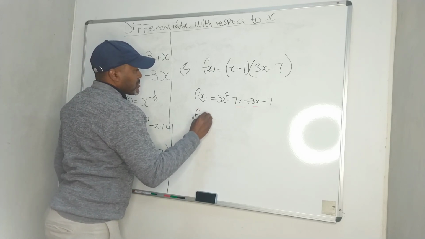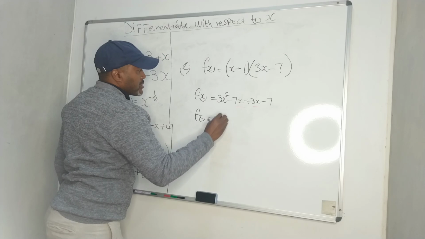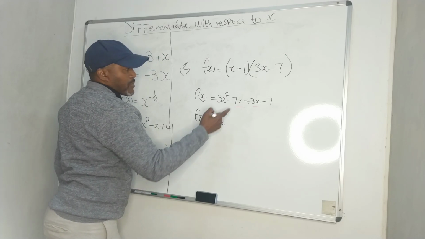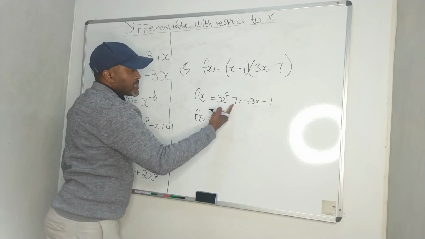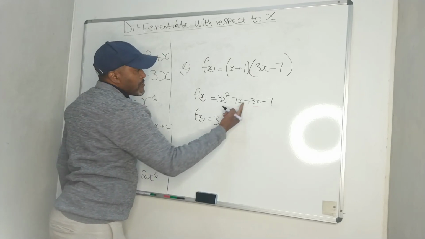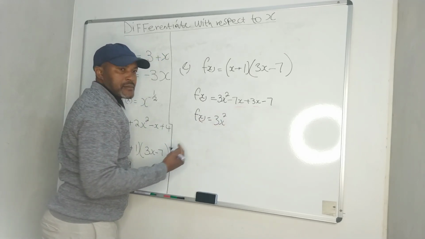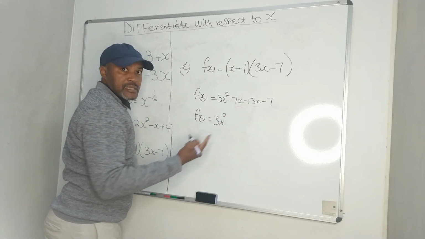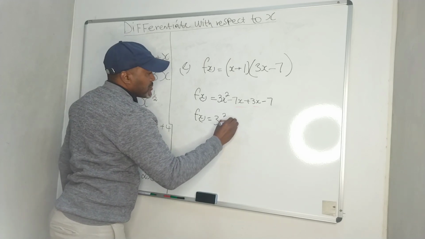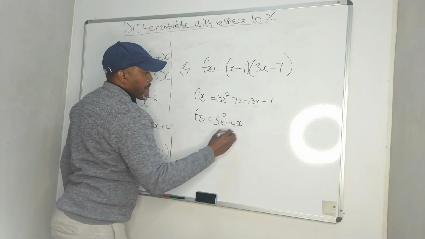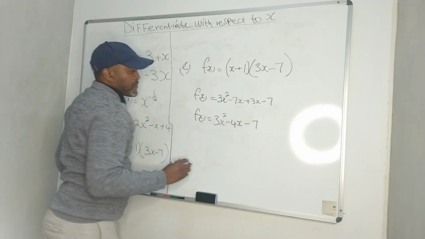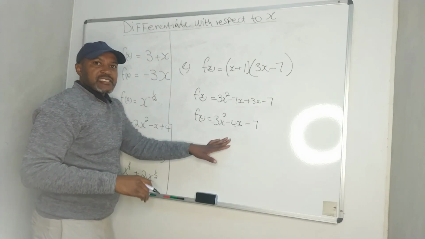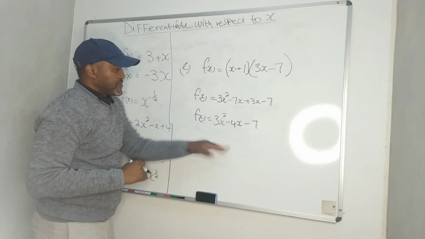F of x equals 3x squared. When I add -7x plus 3x, I get -4x minus 7. Now I can find the derivative.